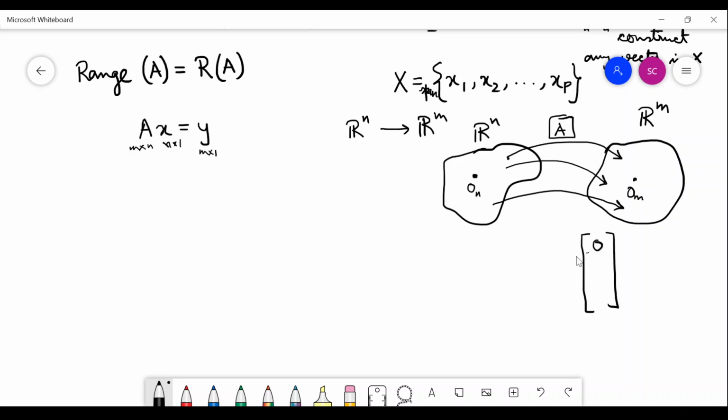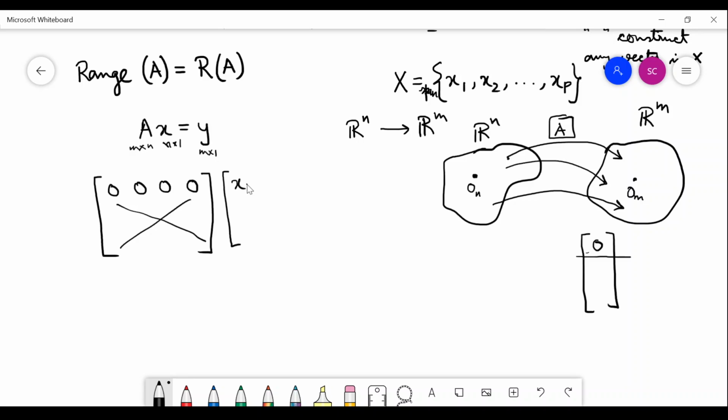When can this particular situation happen? A very nice, very trivial example is when you have all the first elements as 0. Then always your x1 coordinate, the first coordinate, will always be 0, no matter what vector you choose from here. It will not matter on these elements because this row is already 0.